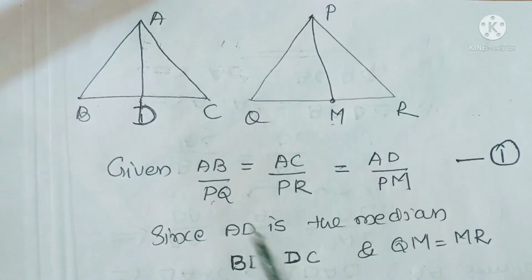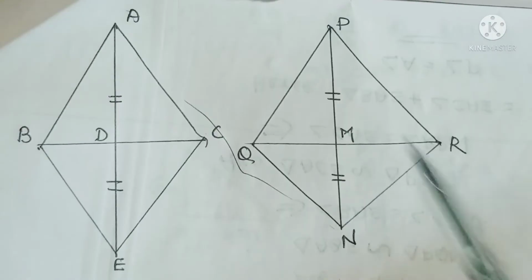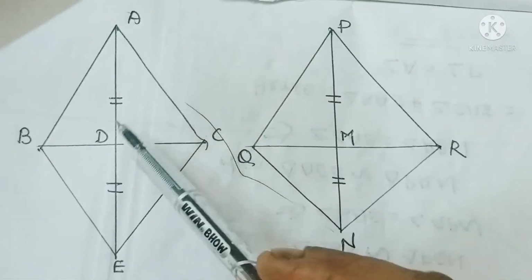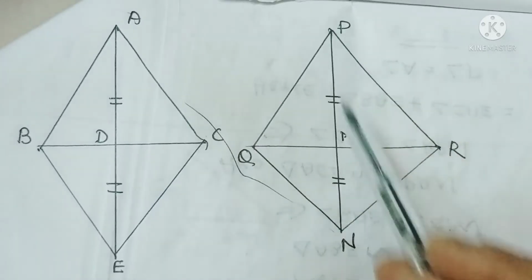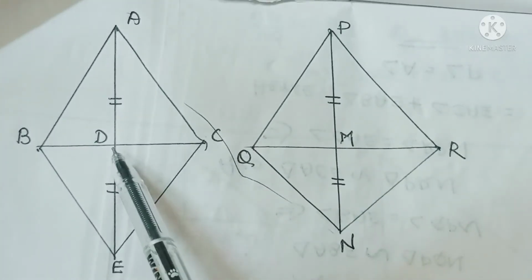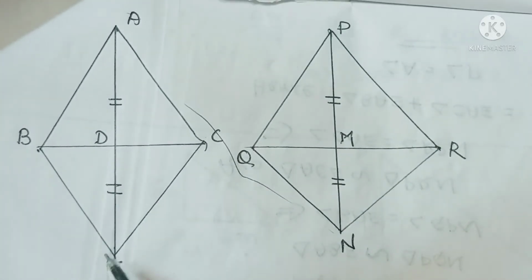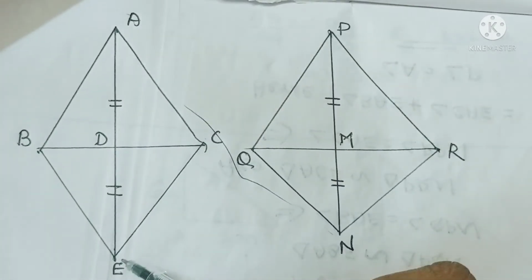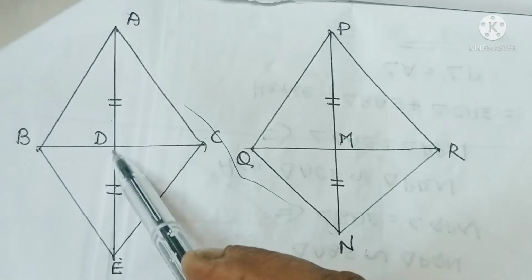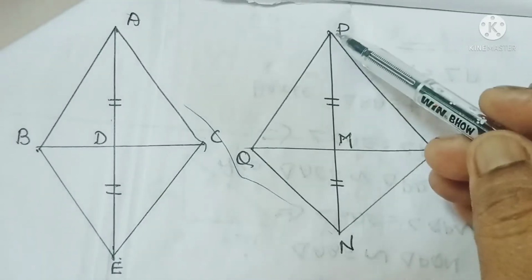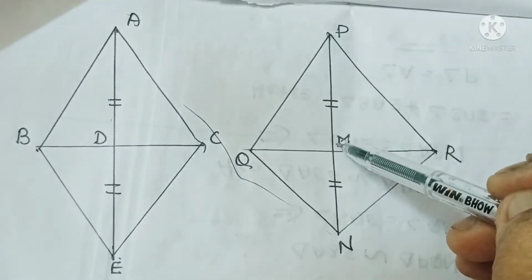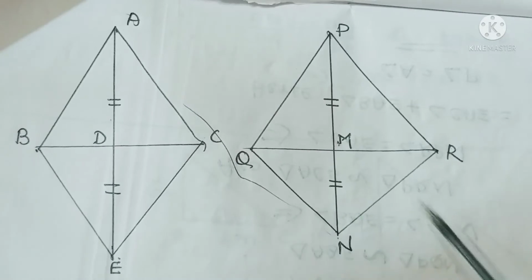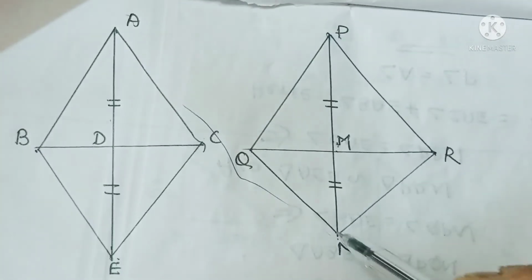That is, AD and PM such that AD equal to DE. We want to extend AD up to the point E such that AD equal to DE, and in the same way we want to extend PM up to the point N such that PM is equal to MN.